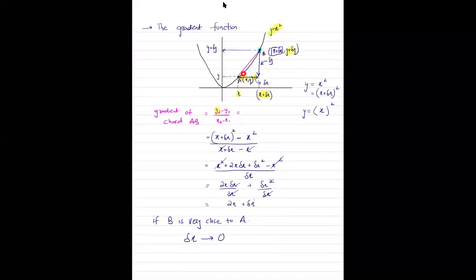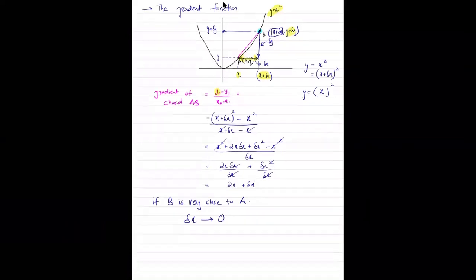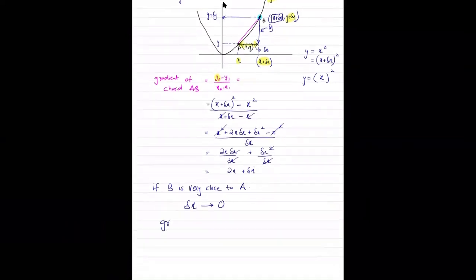If delta x becomes zero, then the gradient of chord AB is going to approach... See, it was 2x plus delta x, right? If this is going to approach zero, then the gradient of the curve is going to approach 2x.